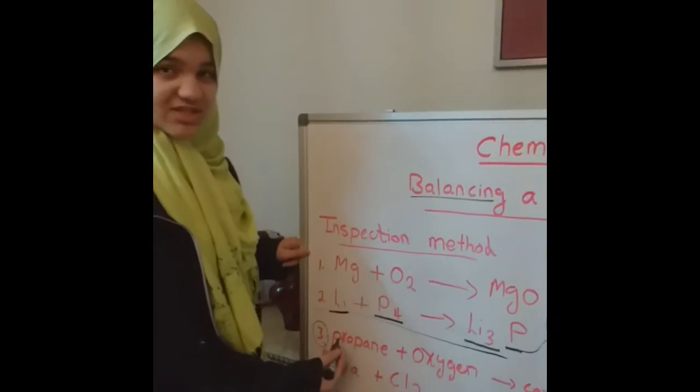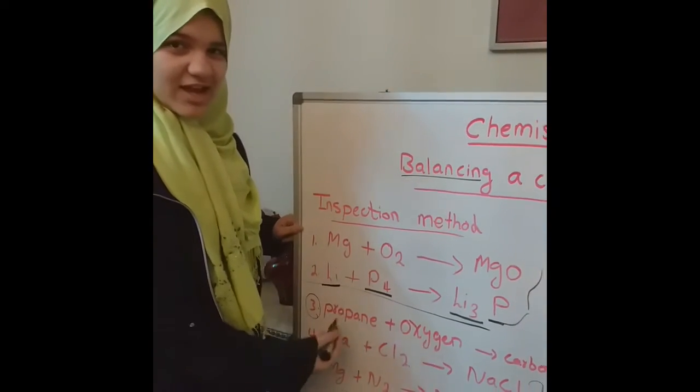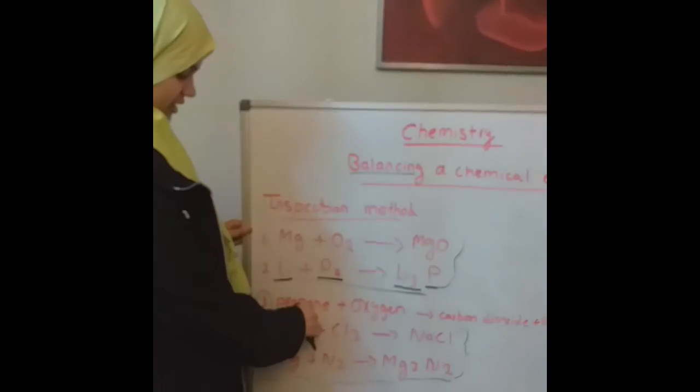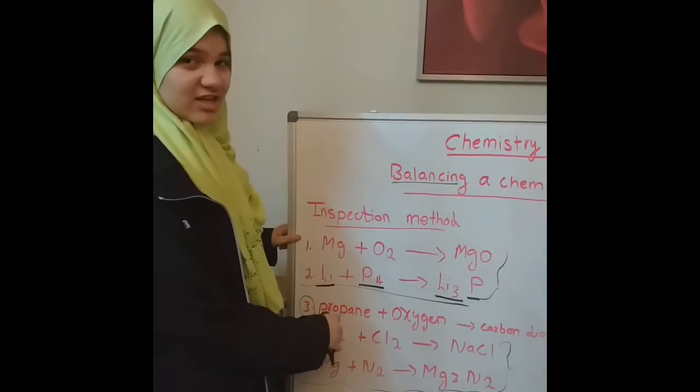Propane, which has the formula C3H8, because it is from the alkanes.